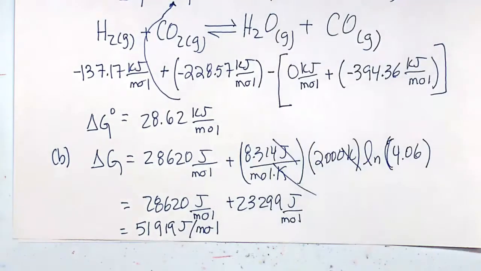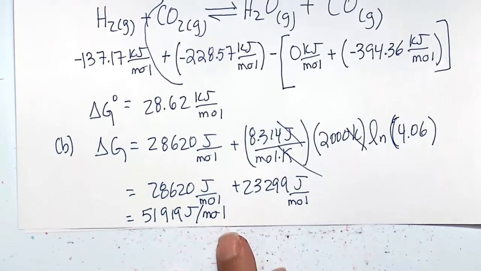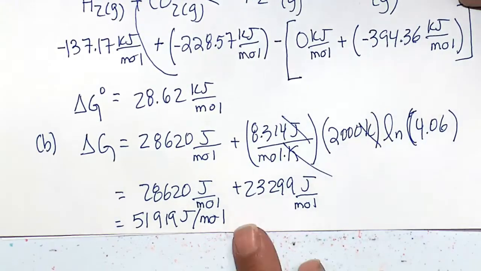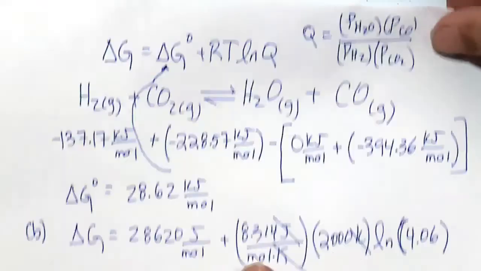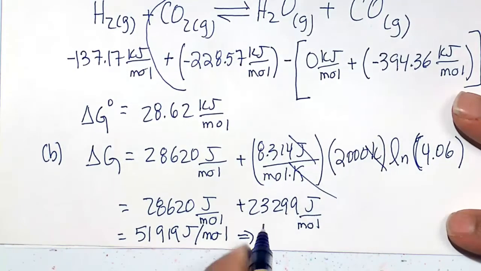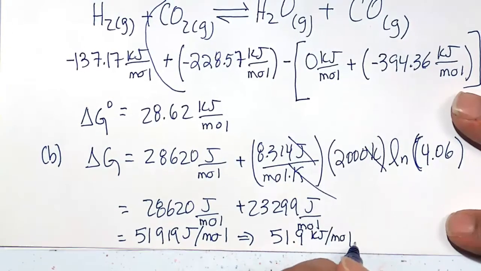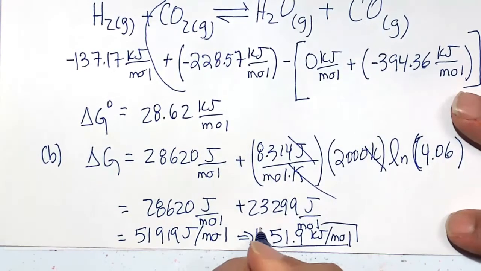So under non-standard state conditions, this is endergonic. Under these pressures, and at 2,000 Kelvin, it's endergonic. We can go ahead and change that to kilojoules per mole, dividing it by 1,000. It's about 51.9 kilojoules per mole. You can even say 52 kilojoules per mole, and that is the answer.